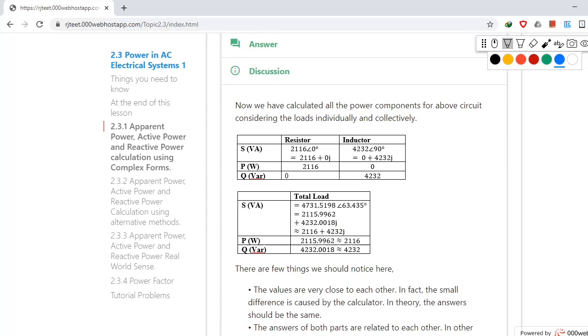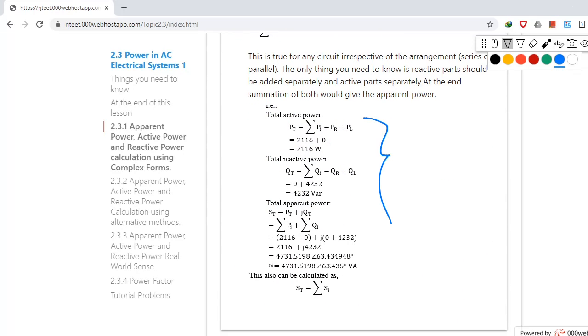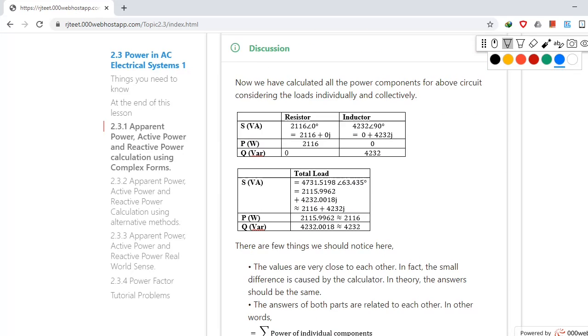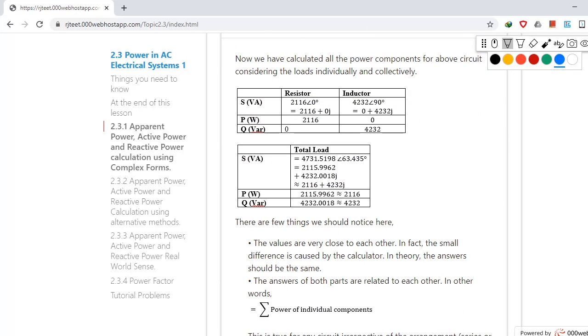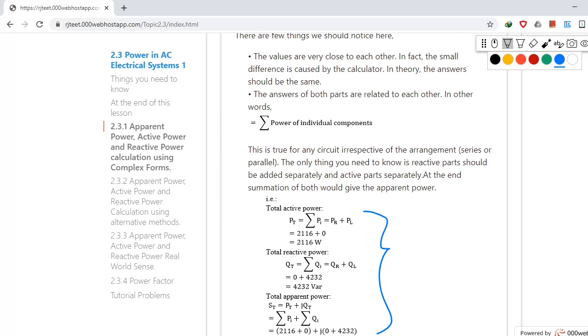If you use this method to answer part B, you can see it's really easy because it's a simple algebraic summation, so no worries about complex number theory. So that's another thing, and yes, that knowledge you must possess.